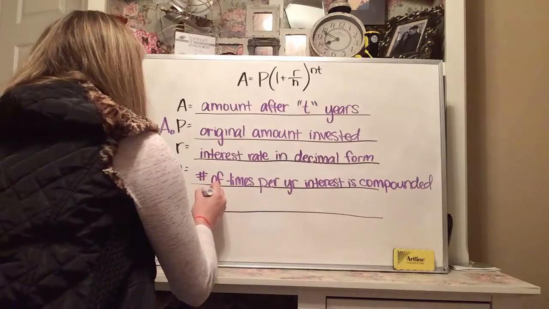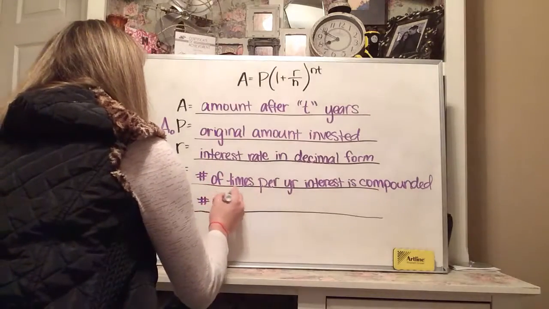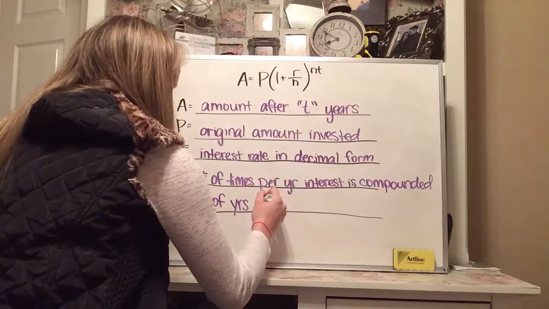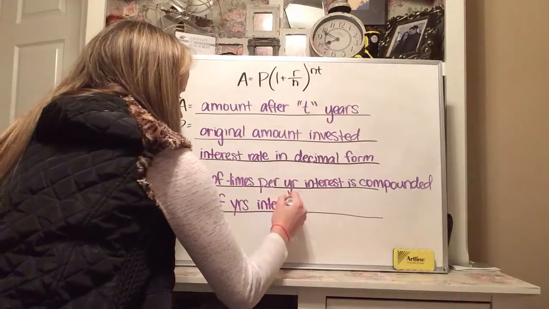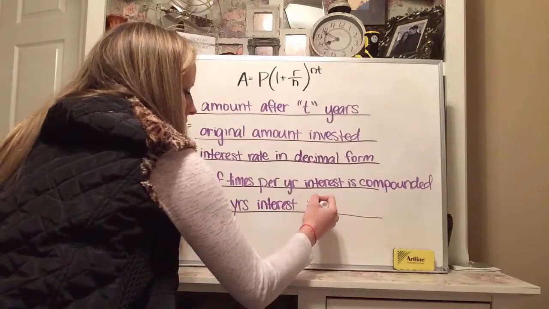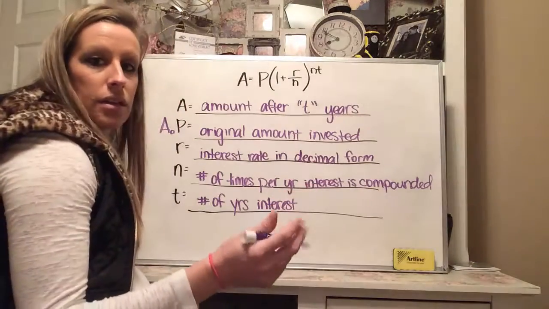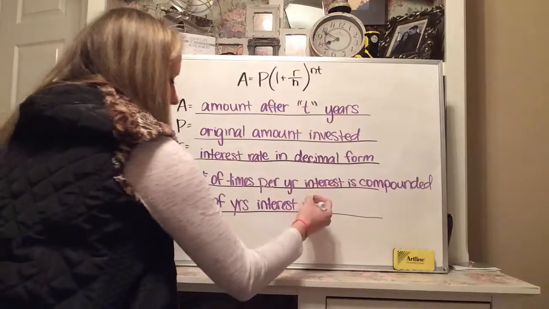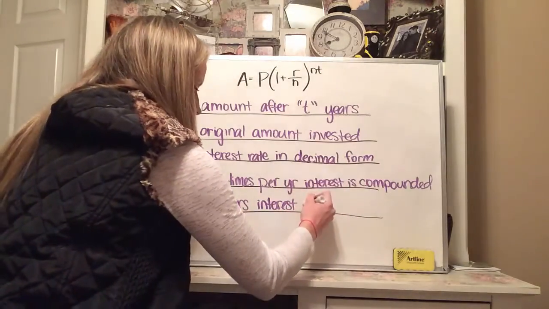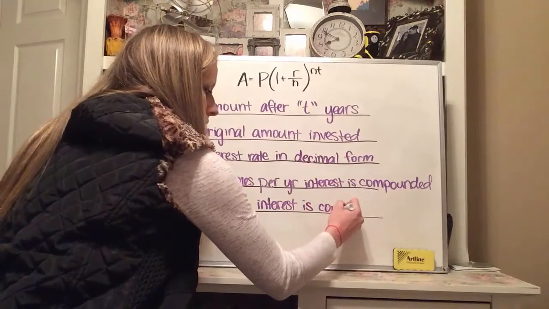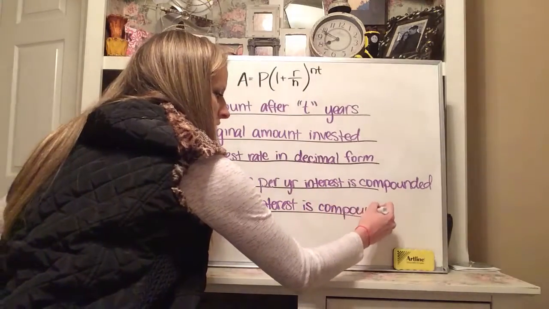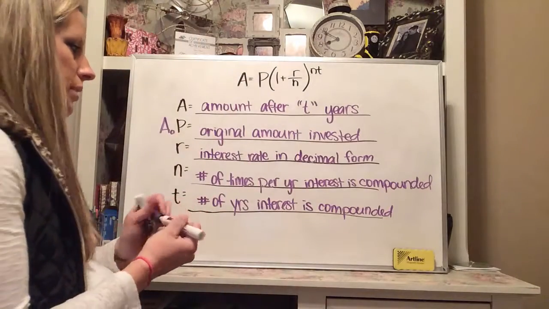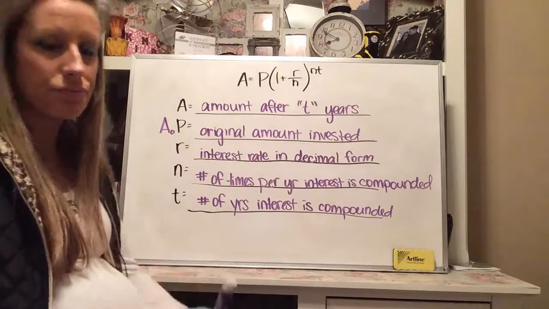T is the number of years that the interest is compounded. So it'll tell you how many years, or if it doesn't tell you, that's what we're solving for. And we'll see some examples, and it'll help make this make sense once you see how it's done.